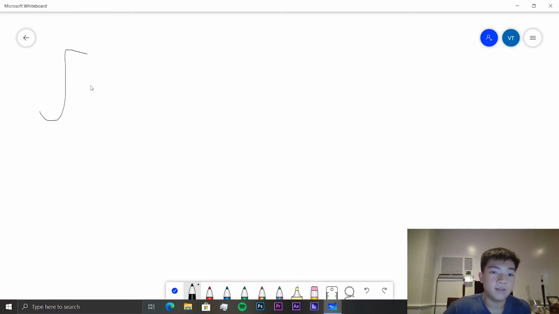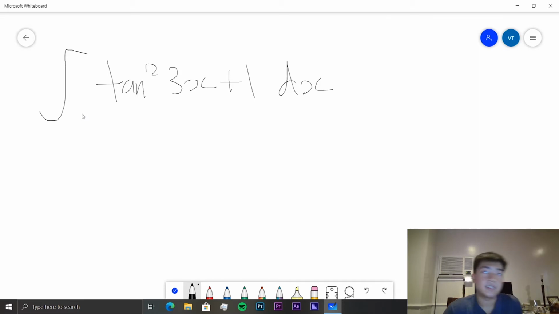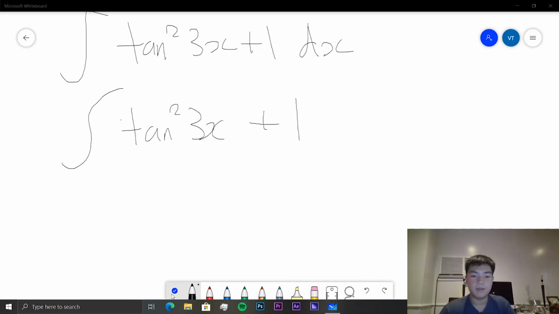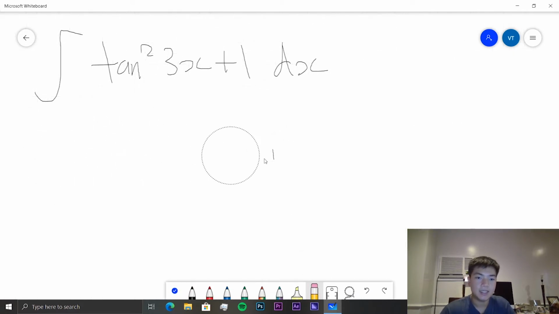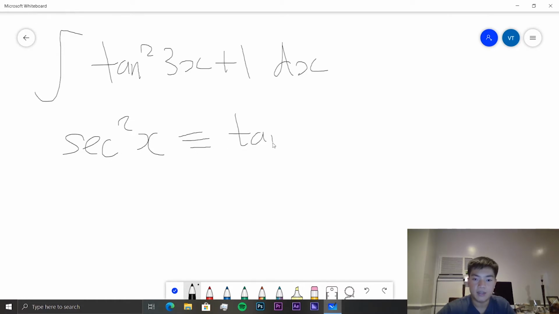Next, we have the integral of tan squared 3x plus 1 dx. So we need to get the integral of this. How we solve this one is we use the trigonometric identity that secant squared x is equal to tangent squared x plus 1.